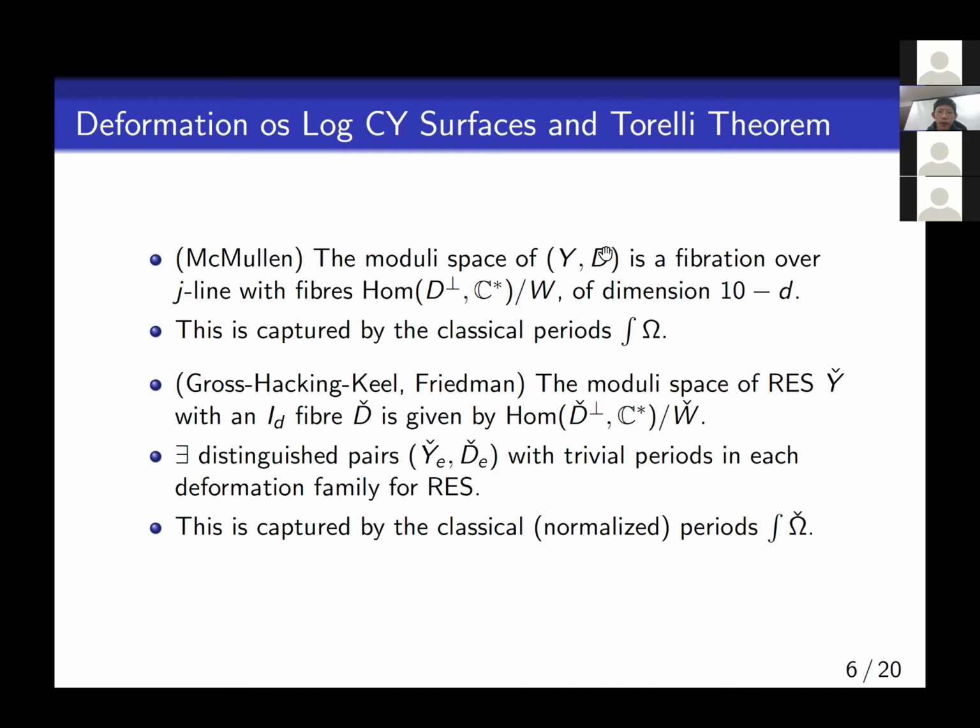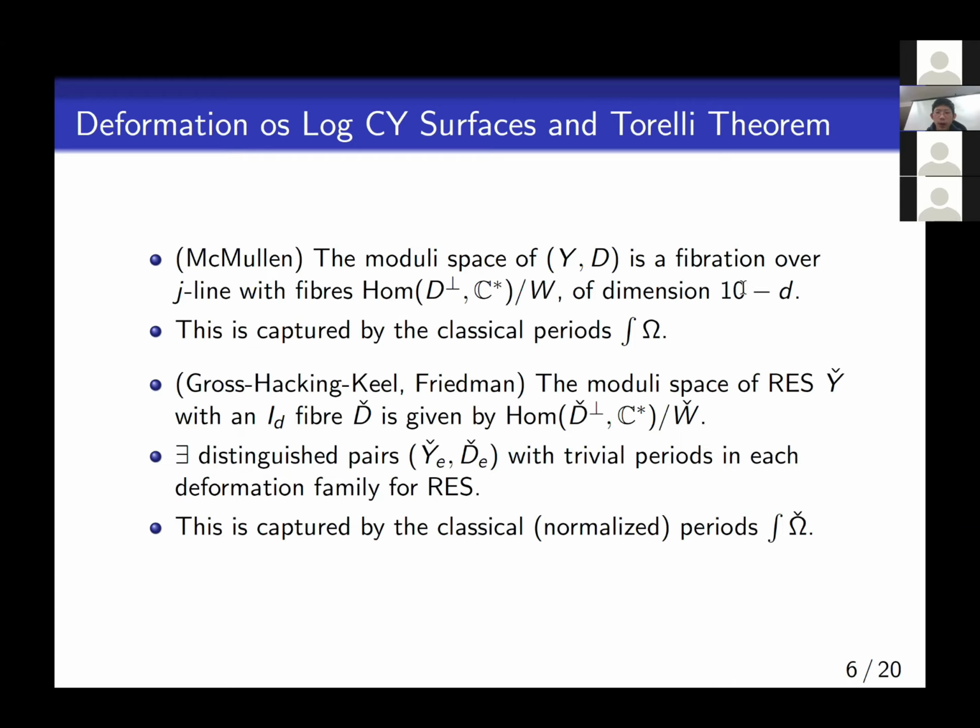Recall that we have a forgetful map: forget the surface Y and send it to D. Since D is an elliptic curve, it is parametrized by the j-line. The fibers are of this form: D perp is the elements in the Picard group of Y that are perpendicular to D via the standard intersection pairing, quotient by some finite group.